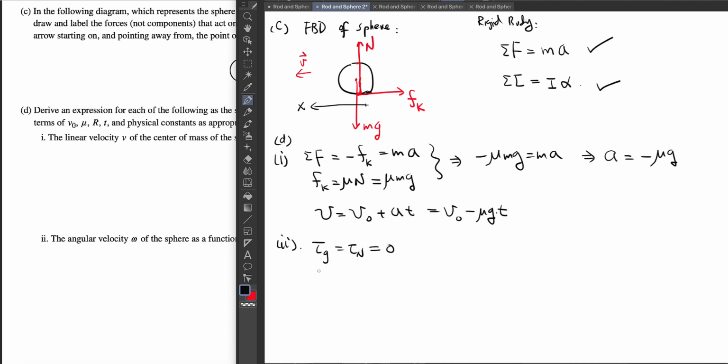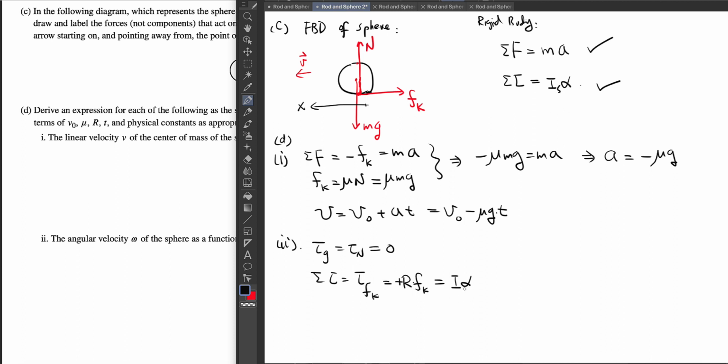The only torque we have is the torque due to Fk, which is R times Fk. It's counterclockwise, so it will introduce a counterclockwise rotation. So the sign here is positive, equals I alpha.